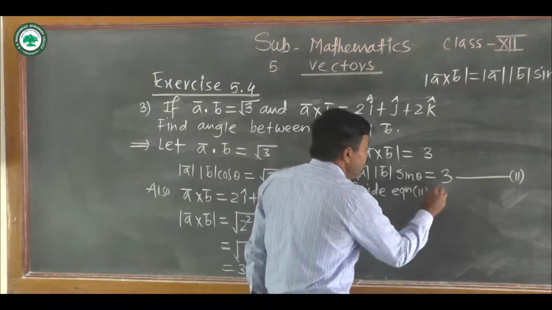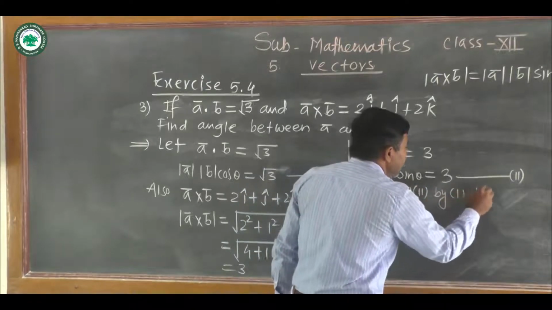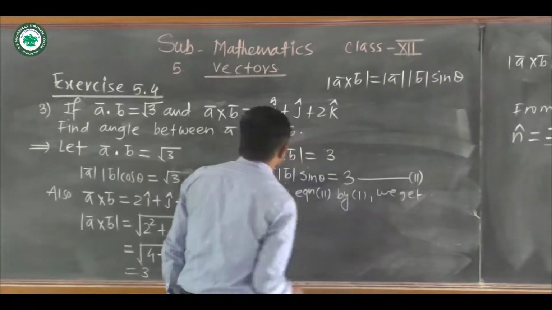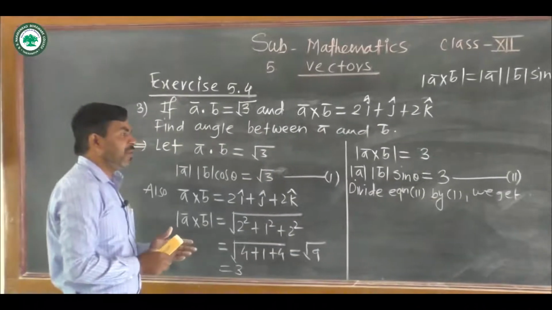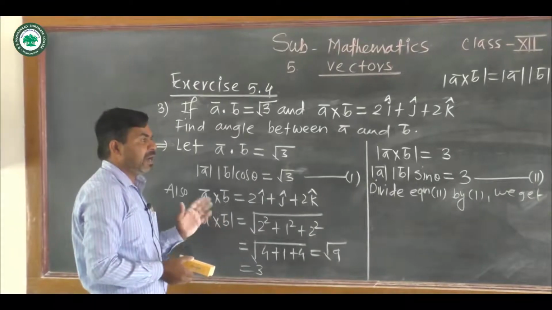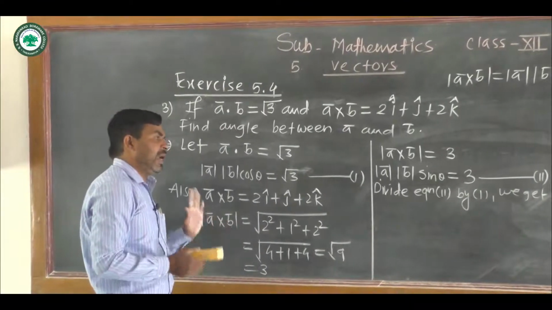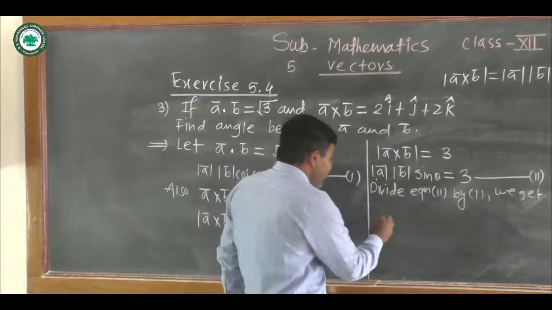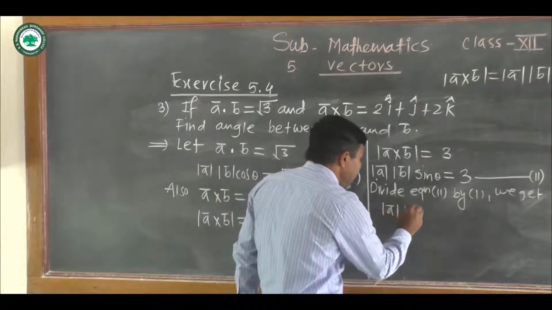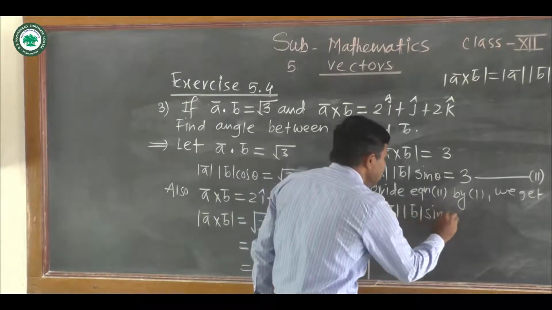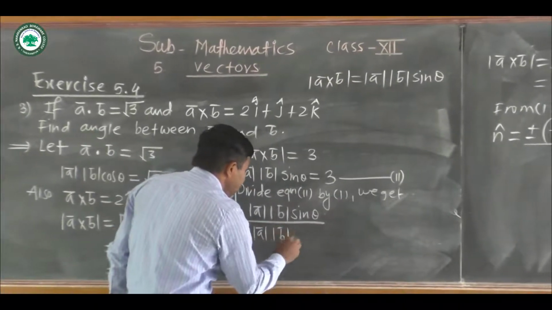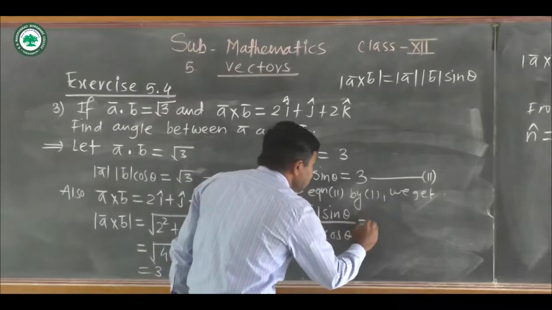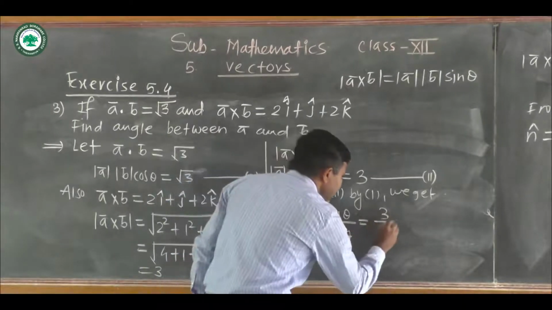Divide equation 2 by 1, meaning we have to divide left hand side by left hand side and right hand side by right hand side. So it is magnitude of vector A into magnitude of vector B into sine theta divided by magnitude of vector A into magnitude of vector B into cos theta is equal to 3 divided by root 3.